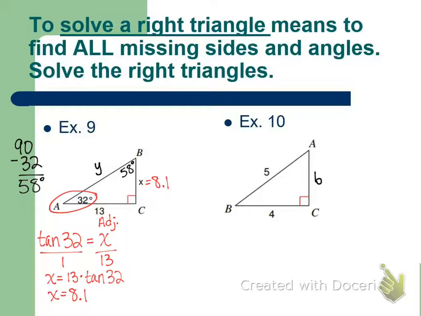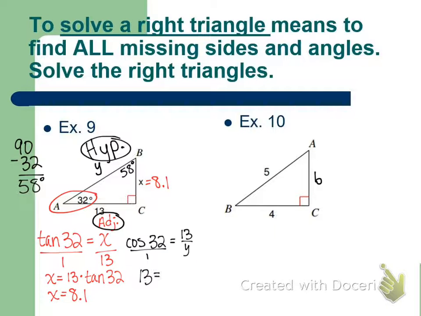I heard somebody suggest we use cosine, which I would agree with, because now we've got the adjacent side. Sorry, adjacent is already labeled. Adjacent side and the hypotenuse side. Adjacent, hypotenuse. So cosine of 32 degrees is equal to what? 13 over y. Again, we put cosine over 1.